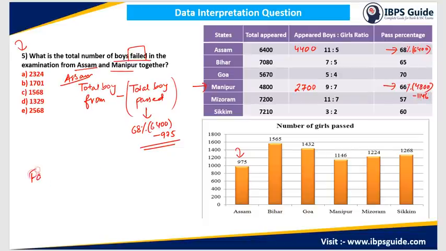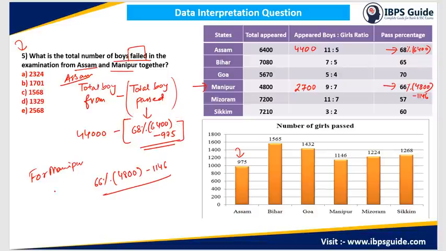So for Manipur I have to do 66% of 4800 minus 1146. Okay, now I have to find the total number of boys who have failed from these two states. Okay, so what will be my answer? Total boys from Assam is 4400, so 4400 minus this much.